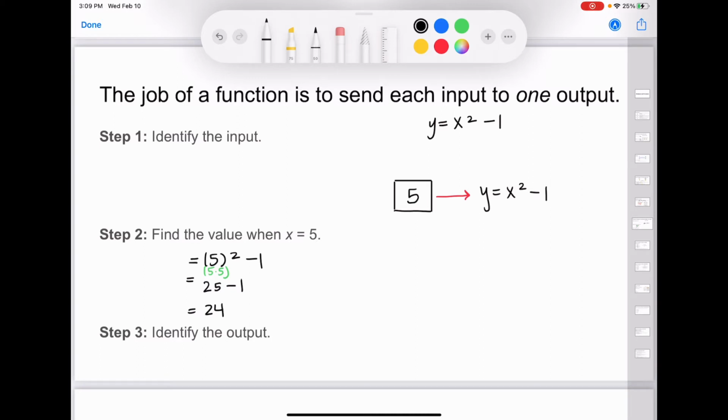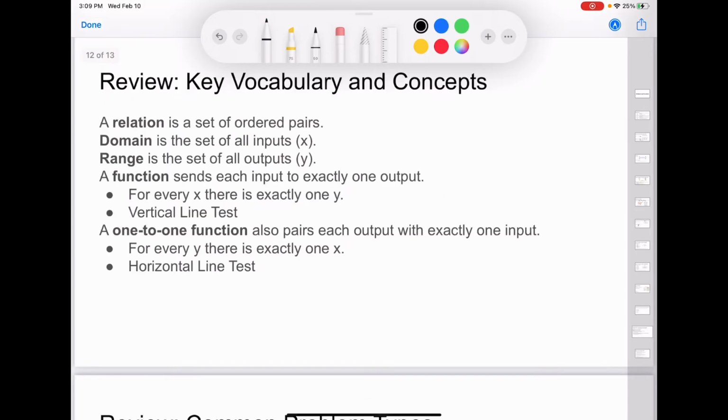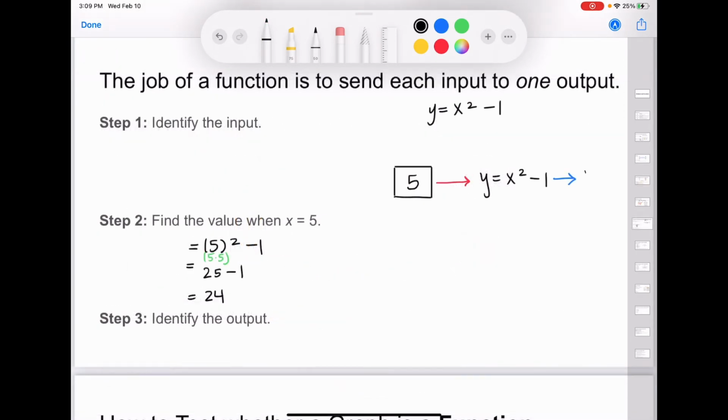So then that gives me my output, which will be 24. So basically a function, like we said, for every input, we get exactly one output. For every x, we get exactly one y. And so this is how we would represent this function.